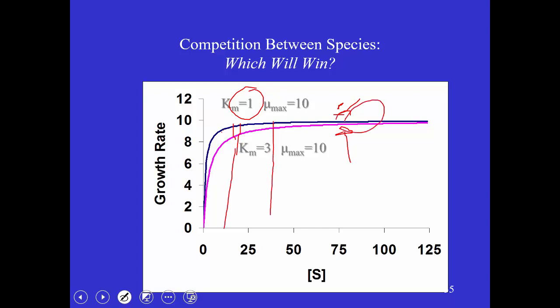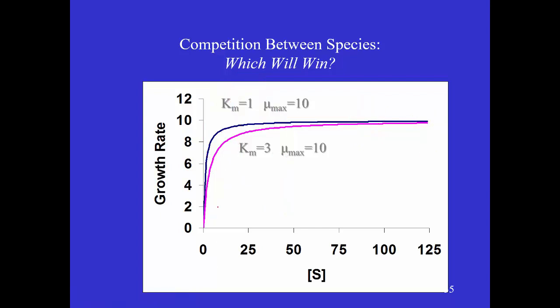And then only when the concentrations get really high does that advantage of the low Km have any impact. And after a while, it doesn't have an impact, and the relationship is governed only by the maximum uptake velocity or maximum growth rate. So in the end, you can't say who's going to win all the way over here, but here you can see who's going to win.